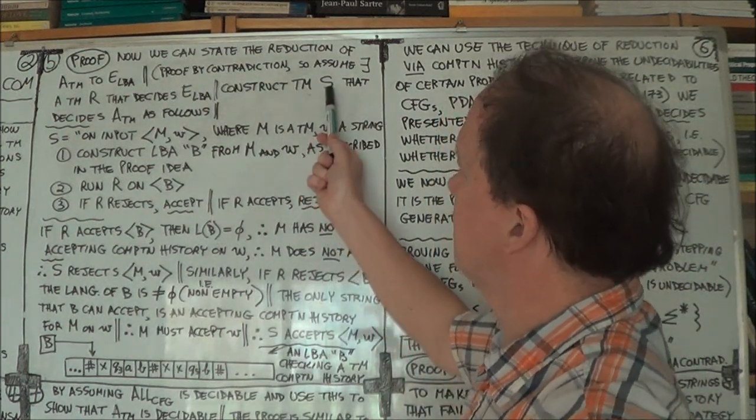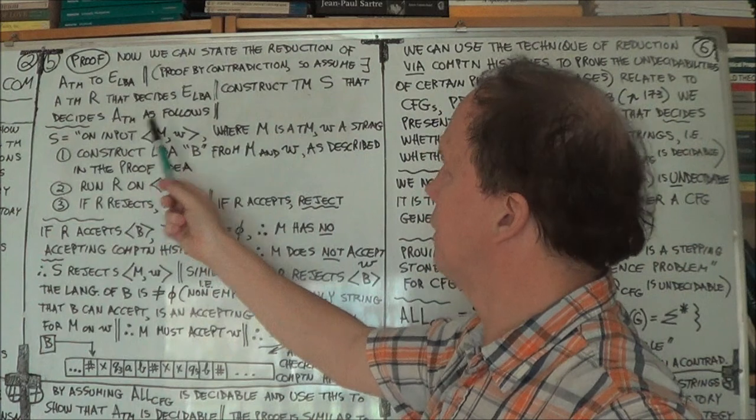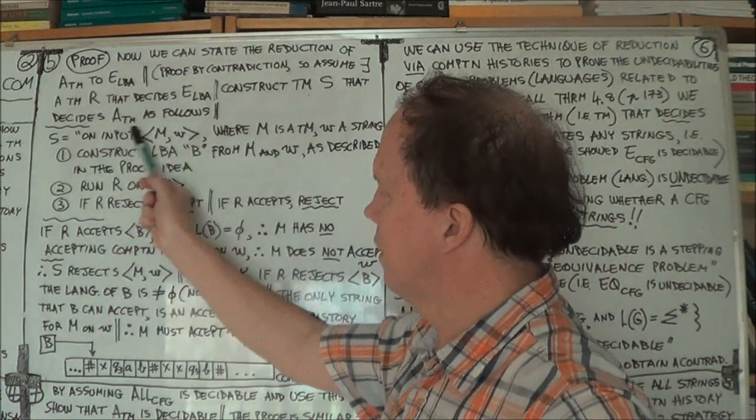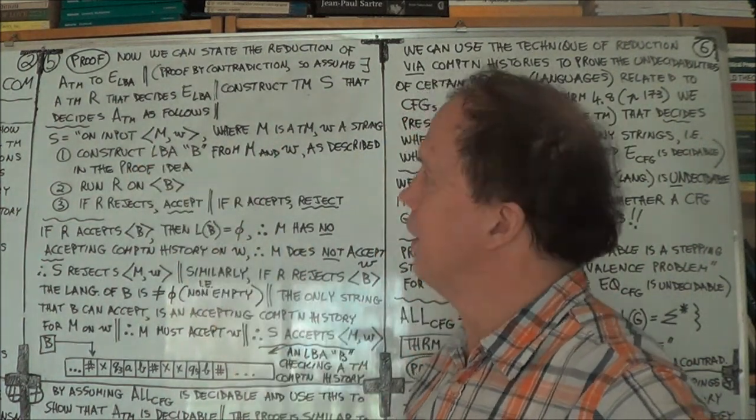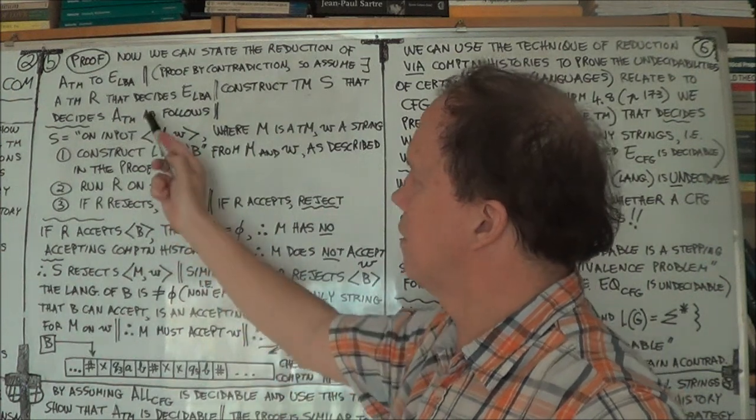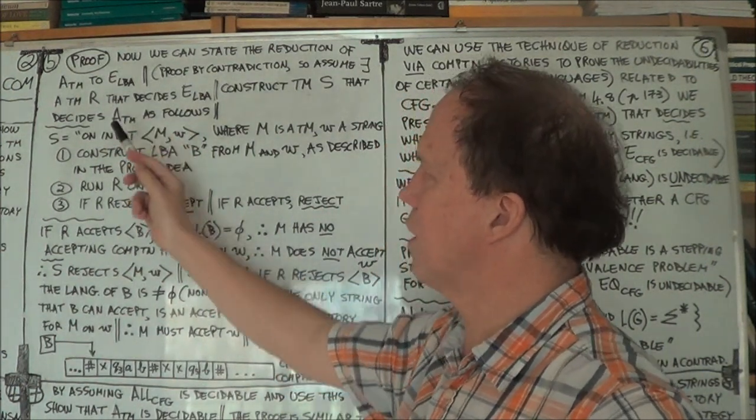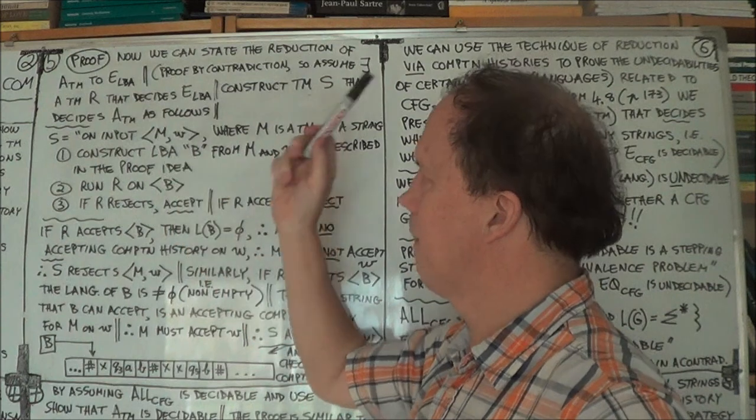Now, what's S doing? This is the famous halting problem. This language's strings are all ordered pairs.